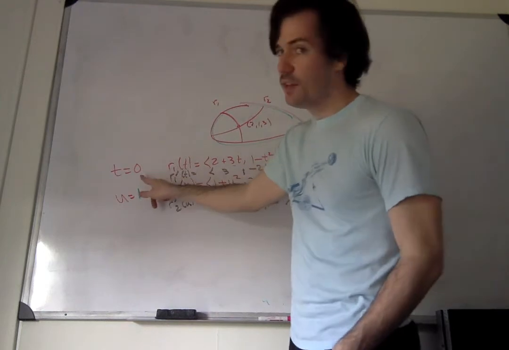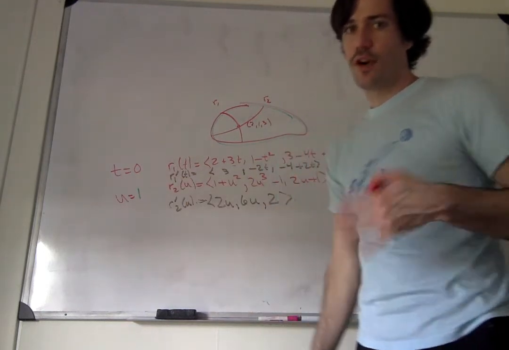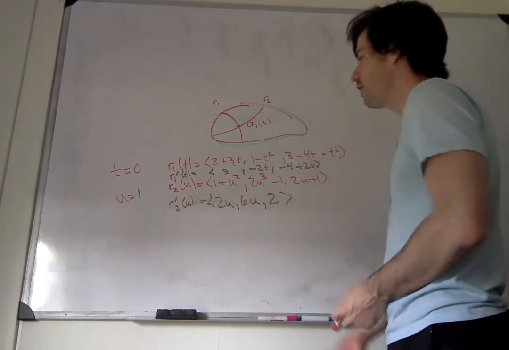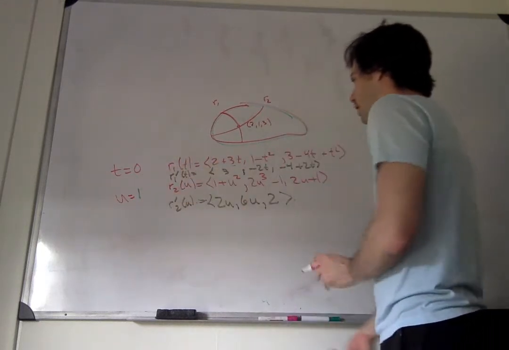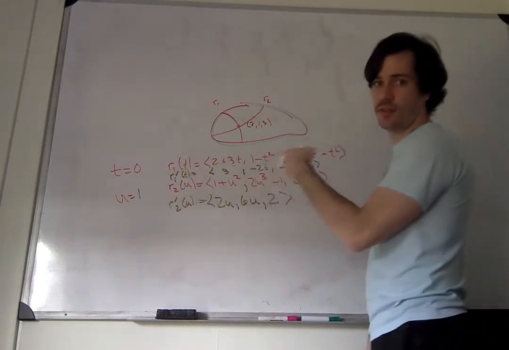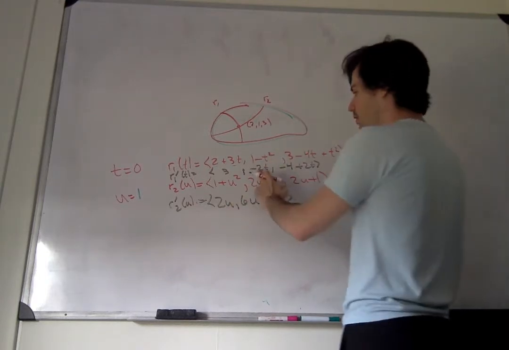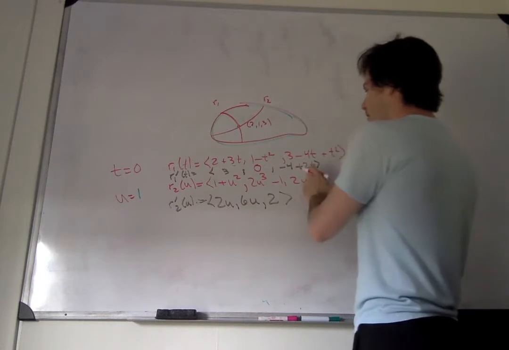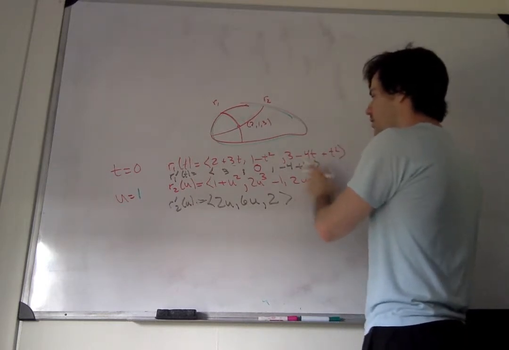Now, here's the thing. We computed t equals 0 and u equals 1 for a reason. We need to plug them into this equation. So if I plug in t equals 0, that's going to make this go away because it's 2 times t, and t equals 0. And then here, that's also going to go away because that's 0.